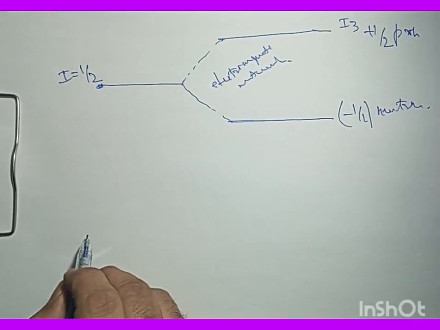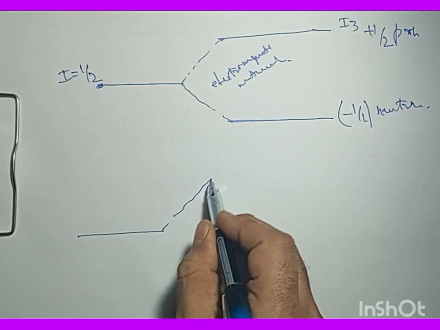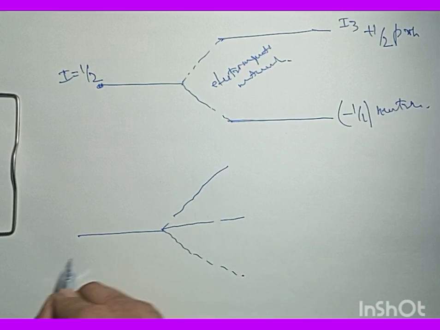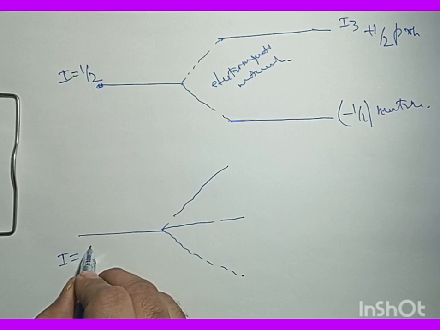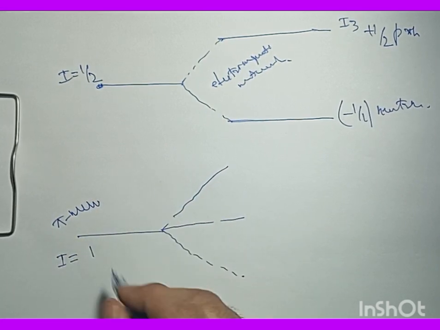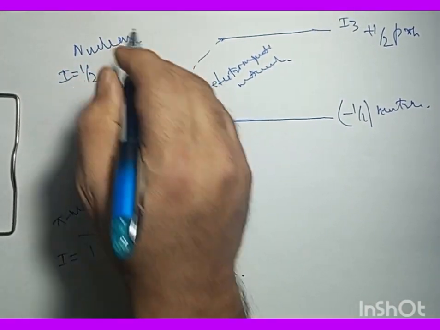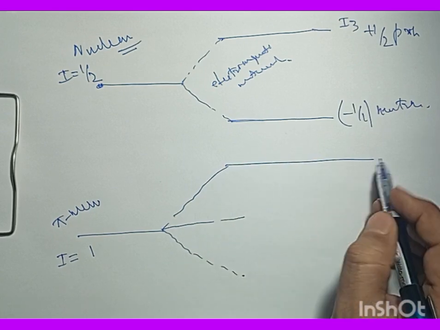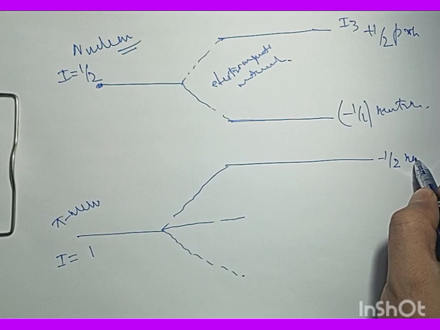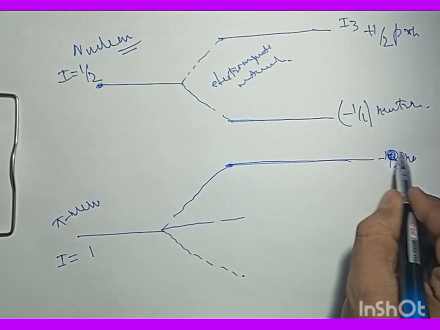Now, similarly, talking about a pi meson, we have 3 states, 1, 2, and 3. So I for the meson is 1. This is for the pi meson, and this is for the nucleon.